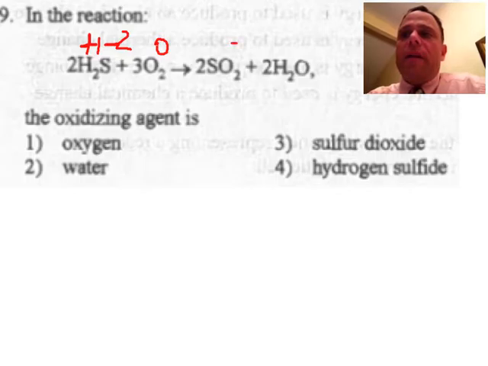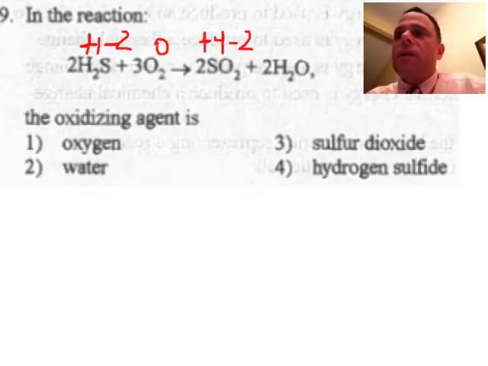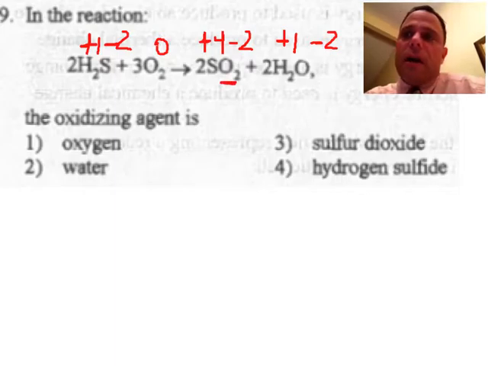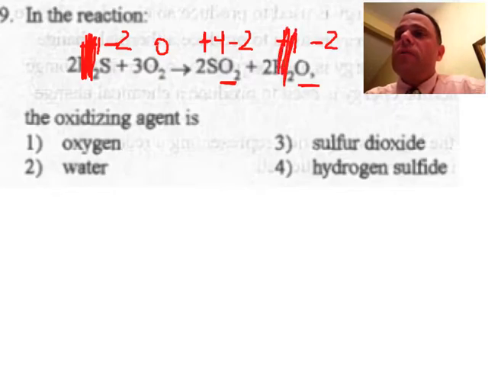Now on the right hand side, the oxygen is a -2 here, so the sulfur must become a +4. Just for completeness' sake, this hydrogen is a +1 and the oxygen is a -2. So in both cases the oxygens are moving to -2, and the hydrogen is going from +1 to +1. We would call that a spectator ion because it's not changing. Let's cross it out so that it does not impact us whatsoever.